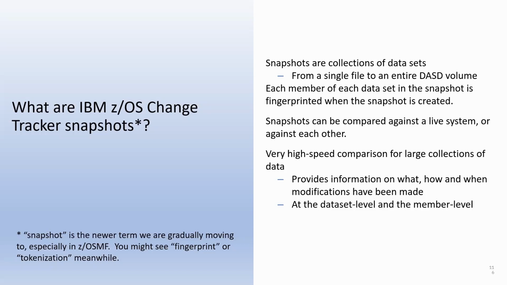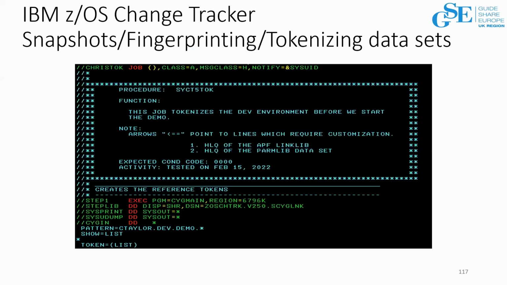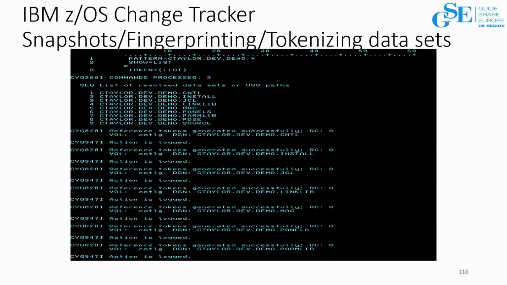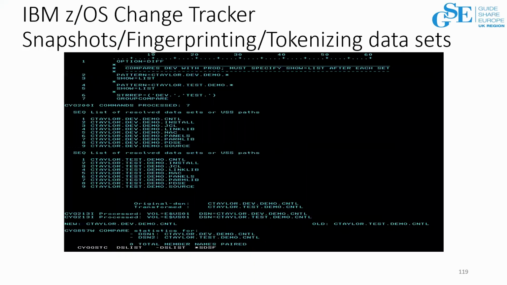There's a token that gets applied to the members within a data set, so that we can see changes quickly rather than having to individually search through data sets in order to see whether changes have taken place. So this is how this would be performed in batch. I specify the names of the data sets that I want to interrogate, and then it will execute the process.